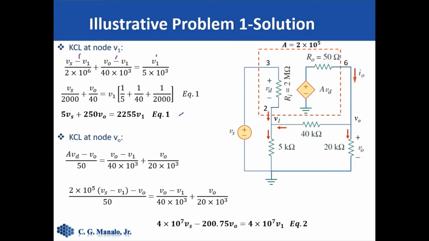We can also write the KCL equation at V sub naught. So current entering again, which is this one, is equal to current leaving, which has this current and this current, which is this one and this one. So rearranging the equation, we get equation number 2.